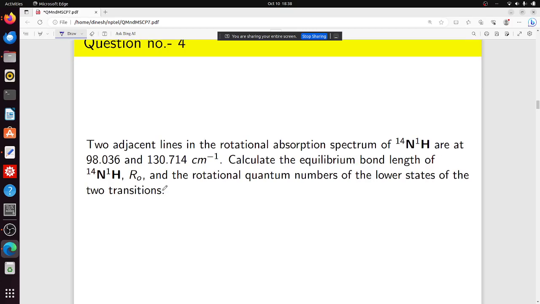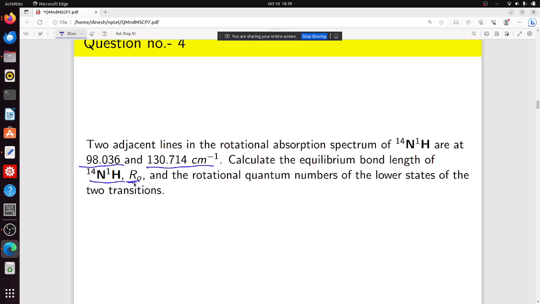Okay, two adjacent lines in the rotational absorption spectrum of the NH molecule are at 98.036 and 130.714 centimeter inverse. So what is given? The energy of each level is given. Then calculate the equilibrium bond length of NH.